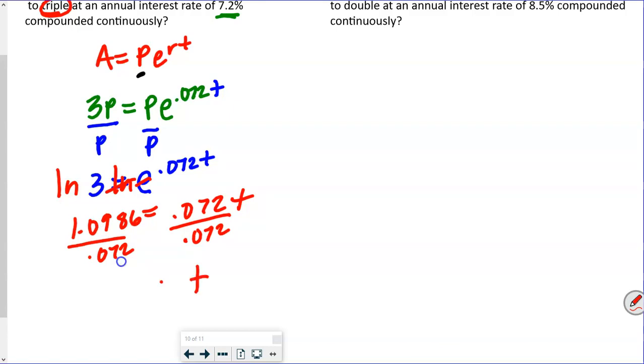So t is equal to 15.26, and that would be years, okay? All right, let's see if you guys can do that with this next one over here.